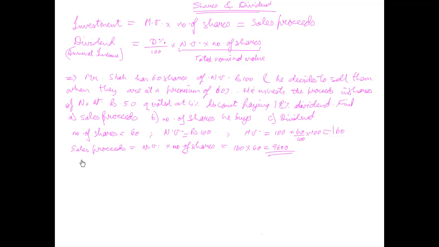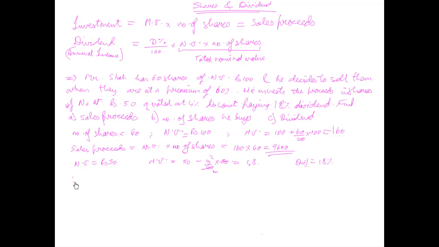Number of shares he buys. Now, in the second case, the nominal value is ₹50 and market value is at 4% discount. So 50 minus 4% of 50, which is 2, gives us 48 rupees as the market value. Dividend is 18%.